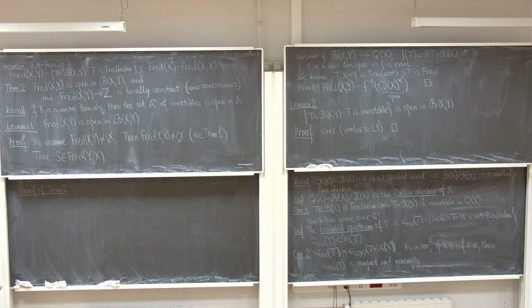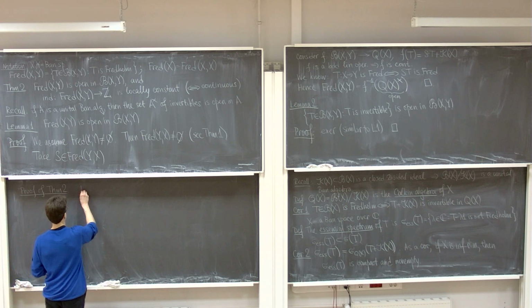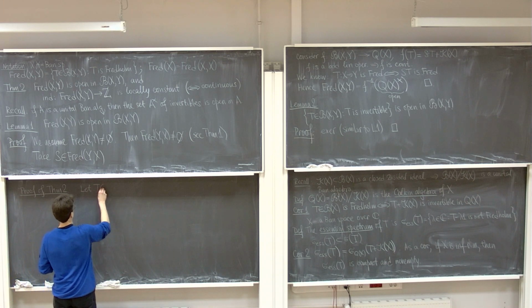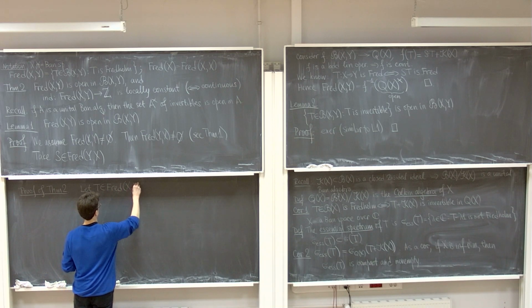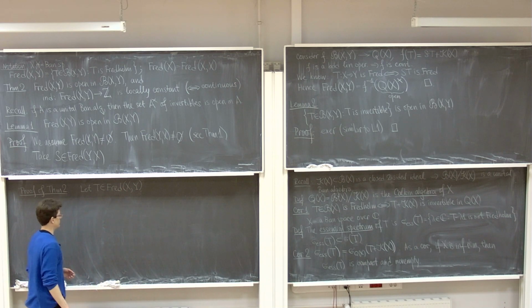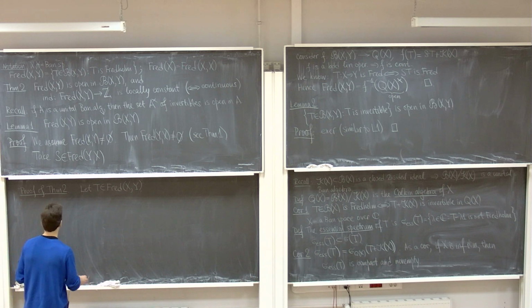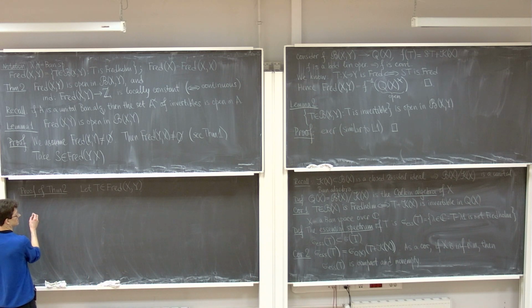So we take a Fredholm operator T from X to Y. We want to find a neighborhood of T such that the index is constant on this neighborhood. Since T is Fredholm, we can always find the following direct sum decompositions.